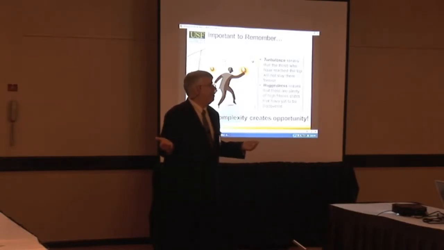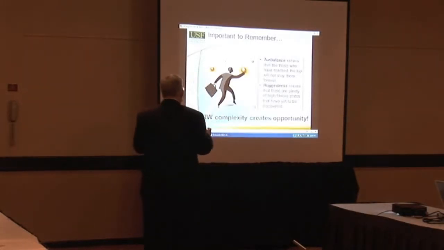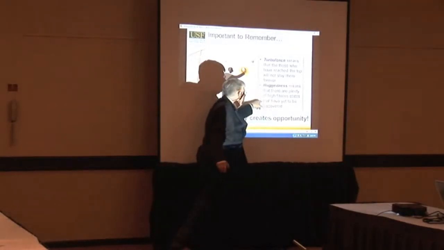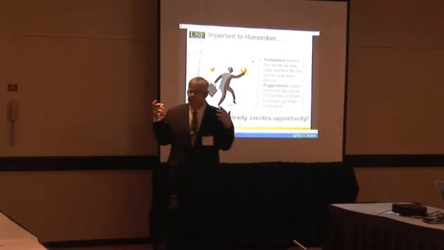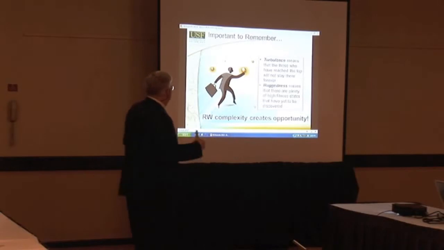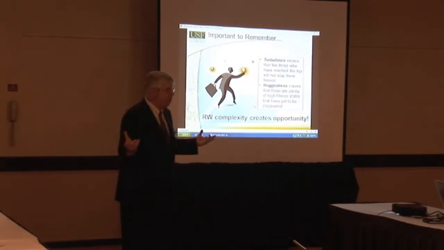So it's not like success is permanent. The very turbulence that is painful for us also creates opportunities. Ruggedness means that there are plenty of new fitness states yet to be investigated. So without this real-world complexity, there would be no opportunity.